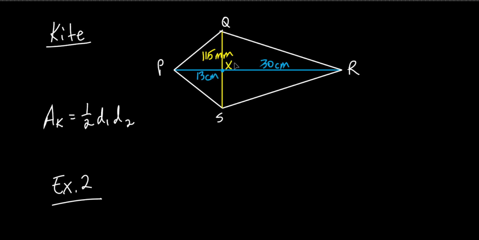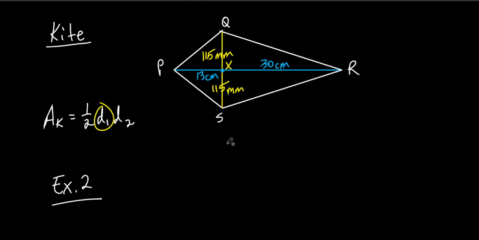First of all, what is the whole entire QS? Because we want to find the diagonals, right? I have to find one of these diagonals. If this is 115, what's this little bit right here? That's 115 millimeters.